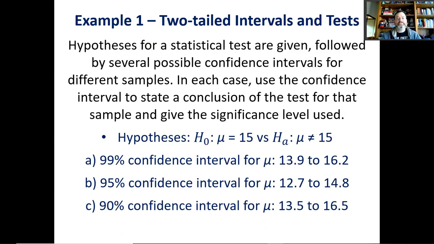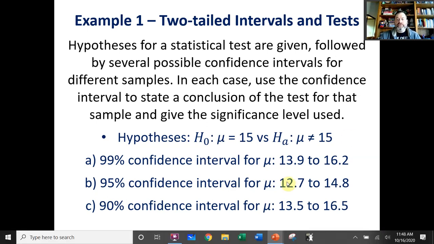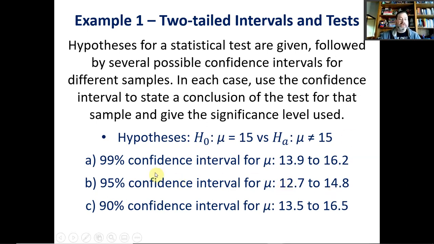Let's keep moving. Let's look at part B. Here's a confidence interval from a sample, and here's a 95% confidence interval. So does this confidence interval tell us to reject or not reject this null hypothesis? Well, is 15 in the interval? It is not. That tells us to reject, right?